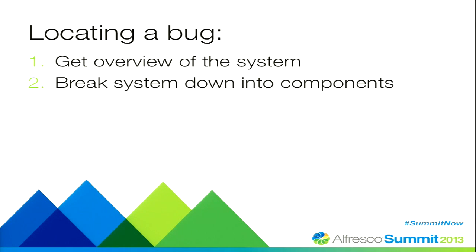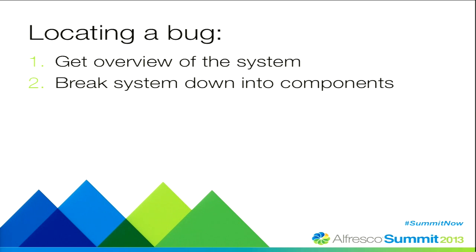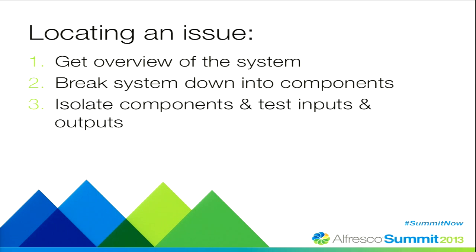And I'll discuss in a moment some good points to break up the system. And then, once you've got those breakpoints, the components separated, you isolate them, and you've got to test the inputs and the outputs and see what's going on.